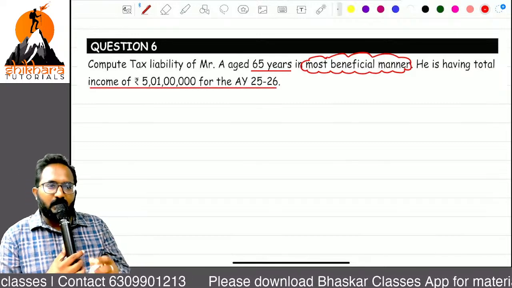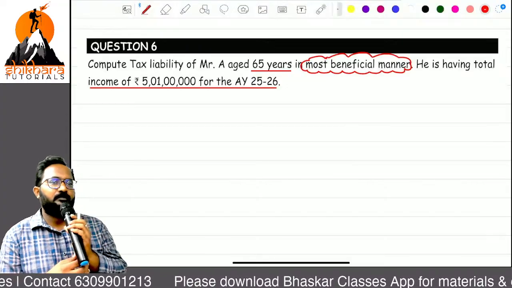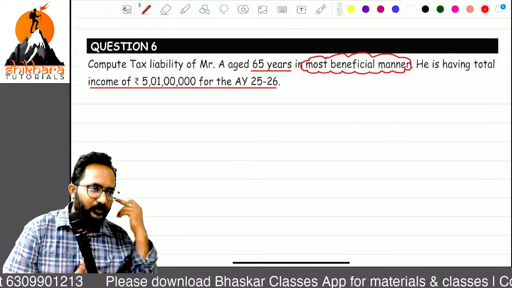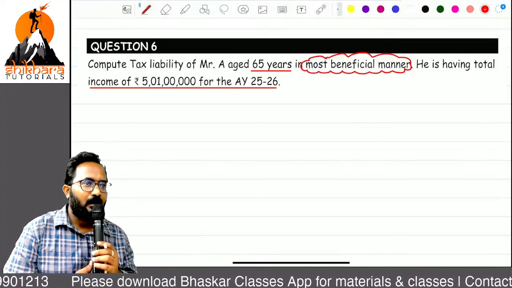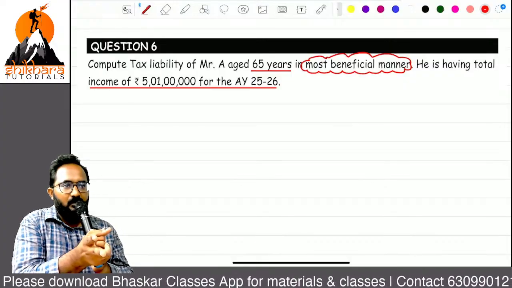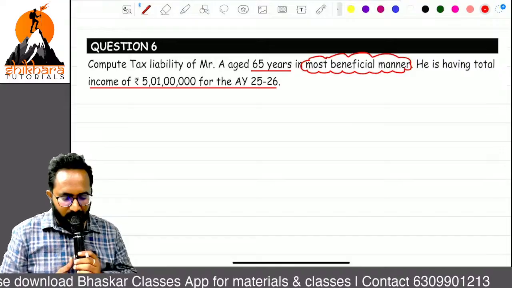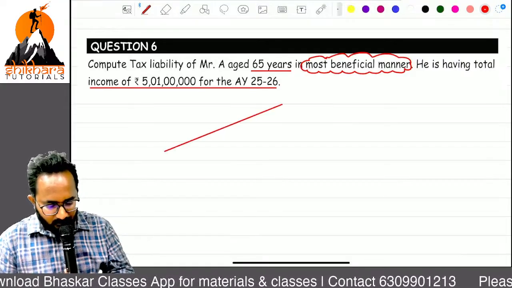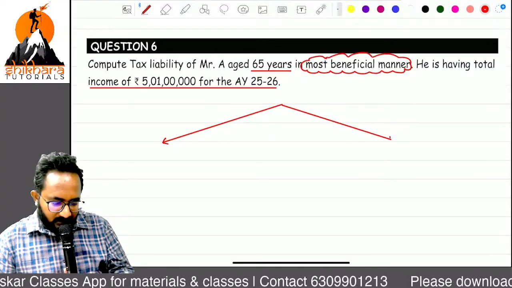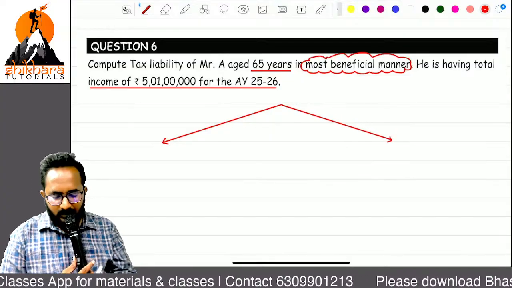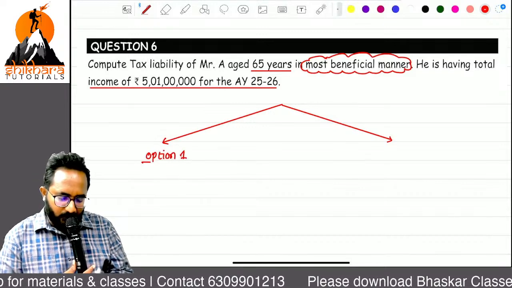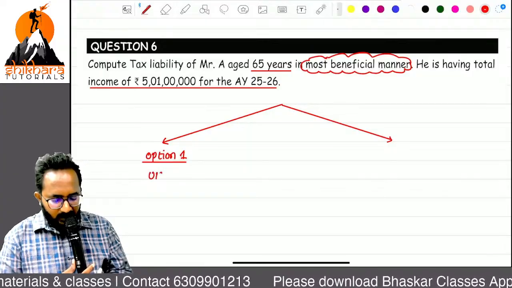So what does most beneficial manner mean? Most beneficial means we have 2 options. First, we can calculate in one regime, second, in the other. The default one is what? Default regime is what? Option 1 is normally the default, that is 115BAC.